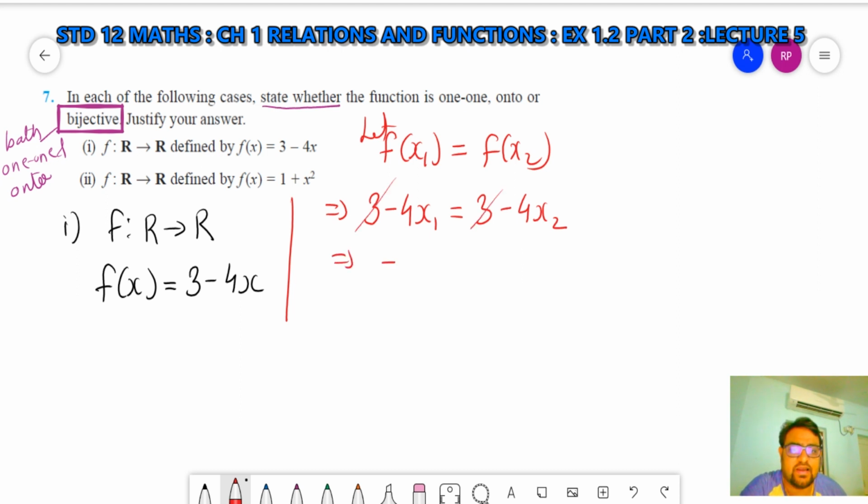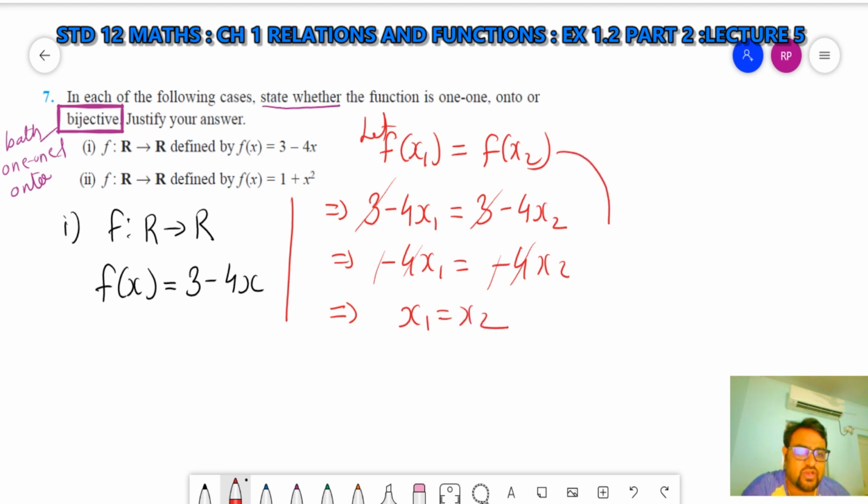That implies minus 4x1 equals minus 4x2. The minus signs get cancelled and the 4s get cancelled. So this shows that x1 equals x2. So we started with f(x1) equal to f(x2) and we ended at x1 equal to x2. So what does that mean? That means that it is a 1-1 function.